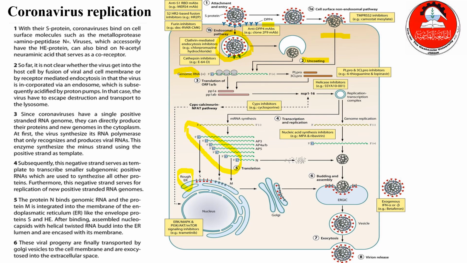Then these proteins, the structural and non-structural proteins, go through the Golgi apparatus, and together with the newly formed genome, they are assembled into the endocytic vesicle of the Golgi. Then assembly occurs, and the virus exits the cell through exocytosis, and the virus is released after that.